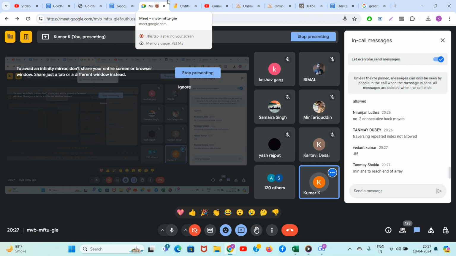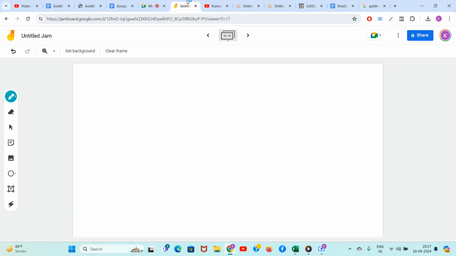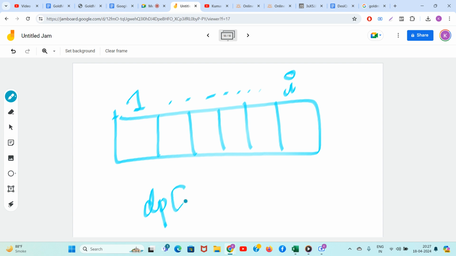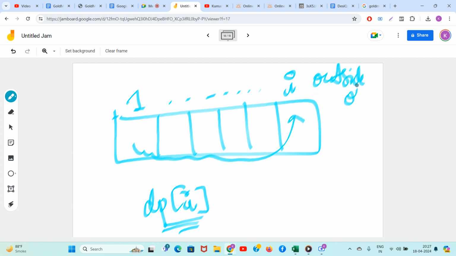The minimum answer. See, this is your index one, na? So DP of I should mean the best way to get from 1 to I or outside of I, depending on your case.